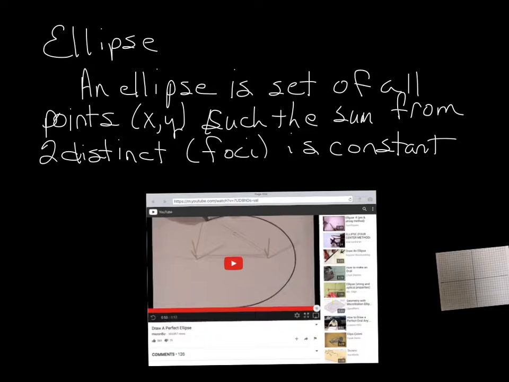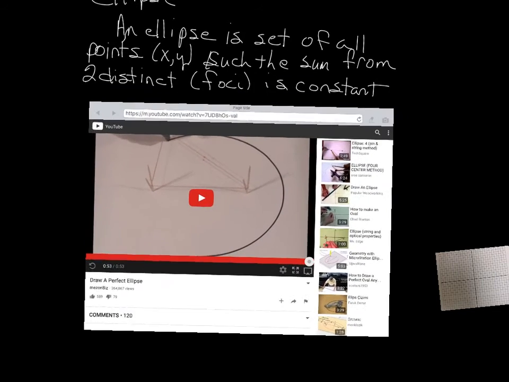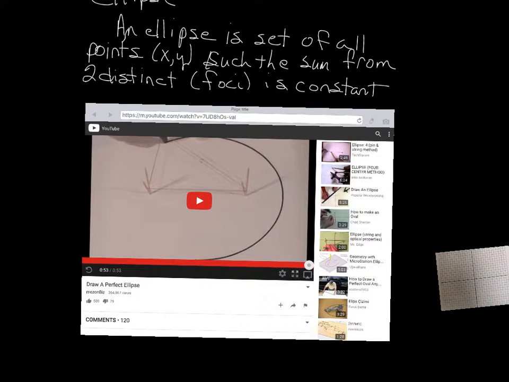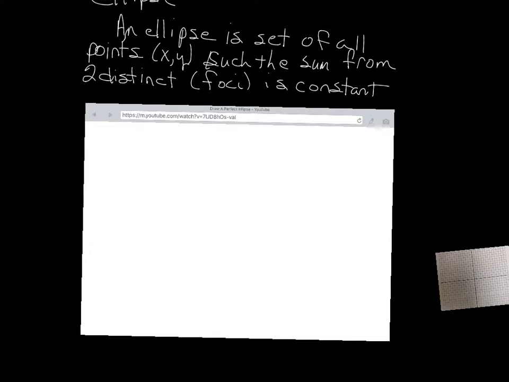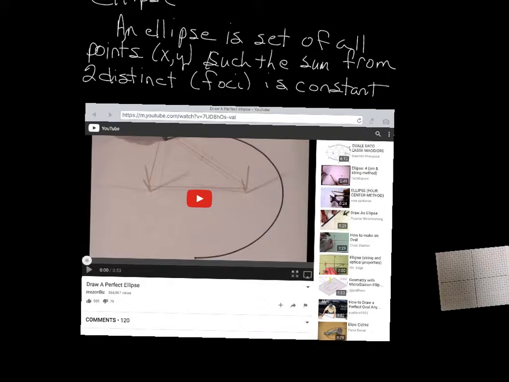Now, hopefully I can make this play again. It takes a second to load up. But this shows us how you would draw an ellipse, and I think you can see how the definition applies from those two fixed points. So let me see if I can make this bigger.